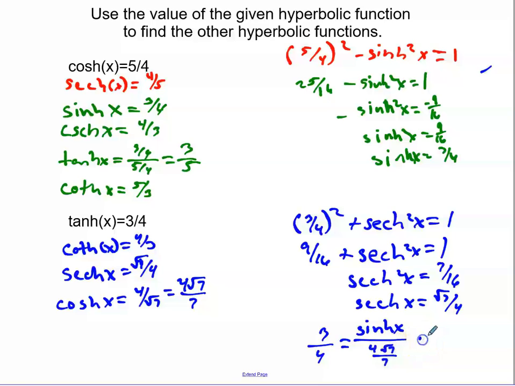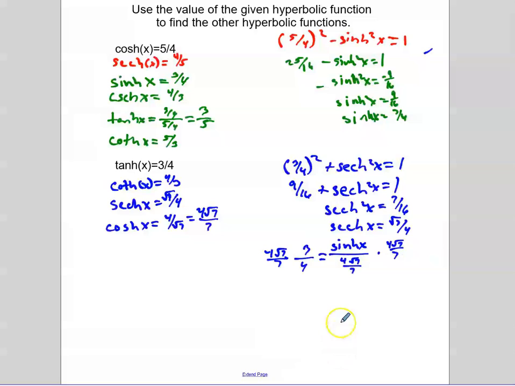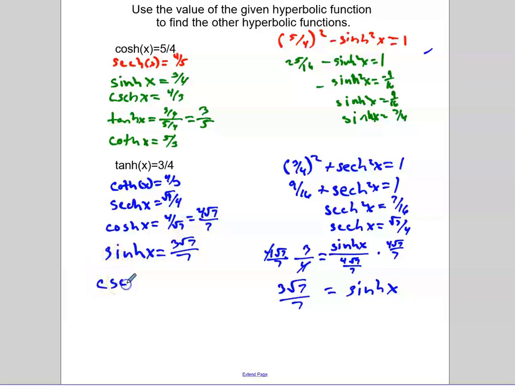And so I'm going to multiply this by 4 square root of 7 over 7, which gives me my hyperbolic sine equaling, 4's cancel out, 3 square root of 7 over 7. And then my hyperbolic cosecant is just going to be square root of 7 over 3.